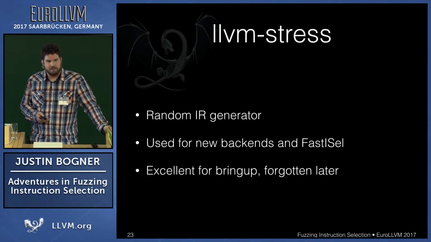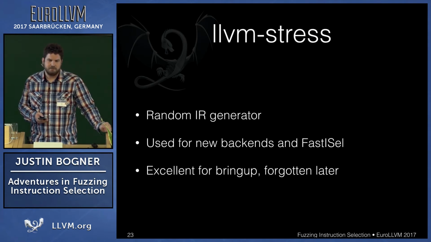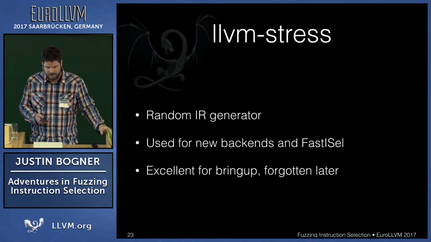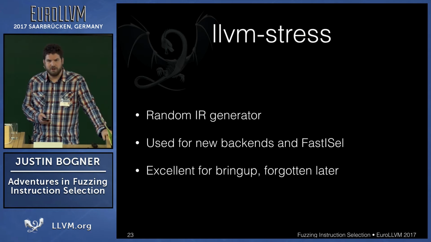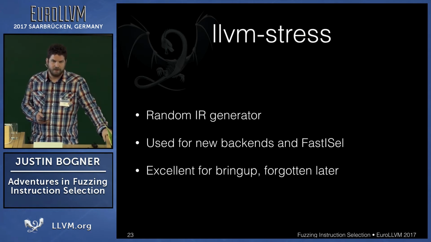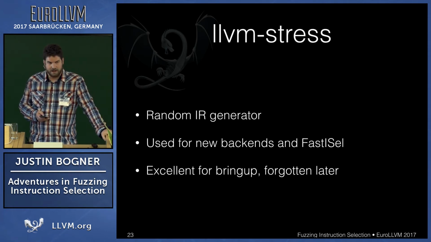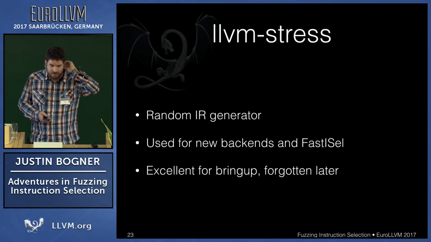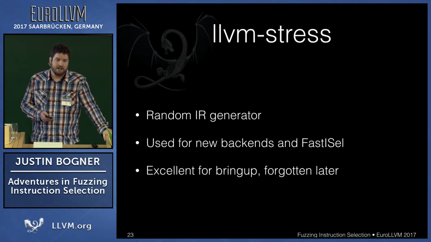It is pretty effective, but the pattern you usually see with this is that people use it at first, and then they forget about it once they've brought up their component. It's not really that useful for continuous testing as you make changes to your backends. However, this random IR generation logic is a pretty good place for us to start in terms of designing our actual custom mutator.